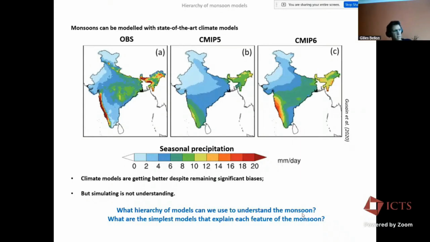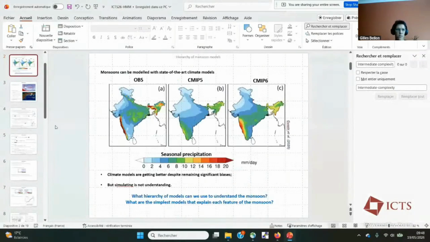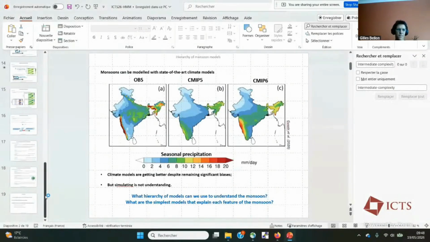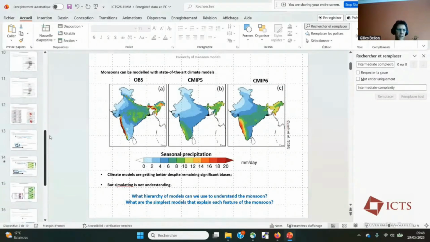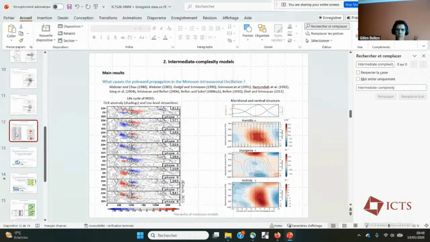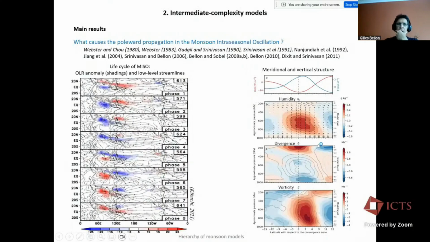They are kind of filtered out, because the first two EOFs of the subseasonal anomaly are really this mode.